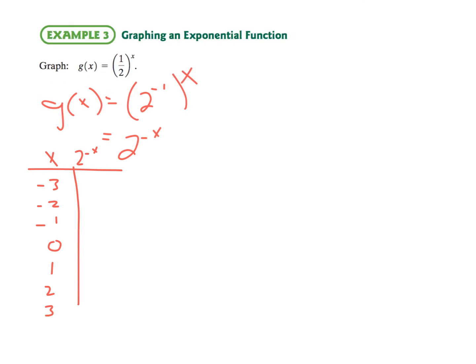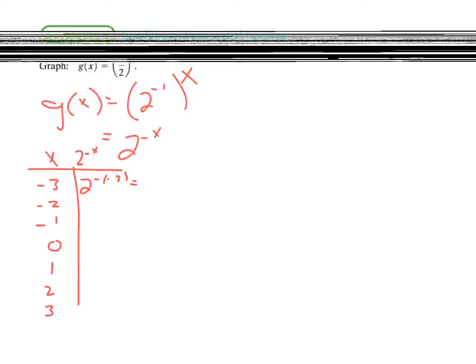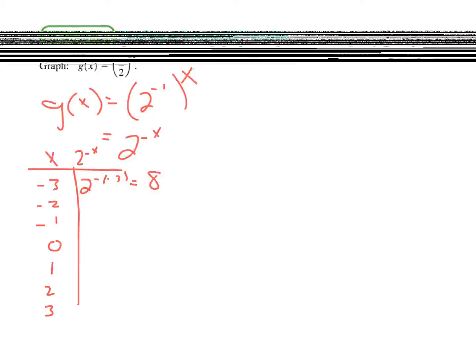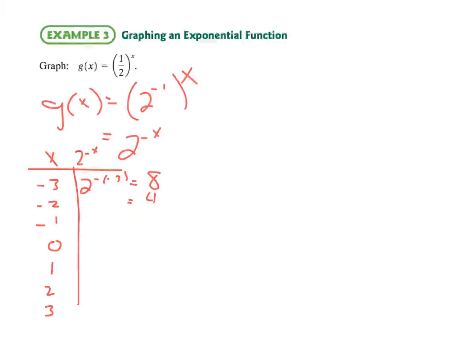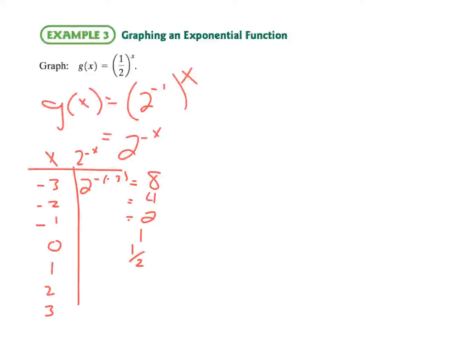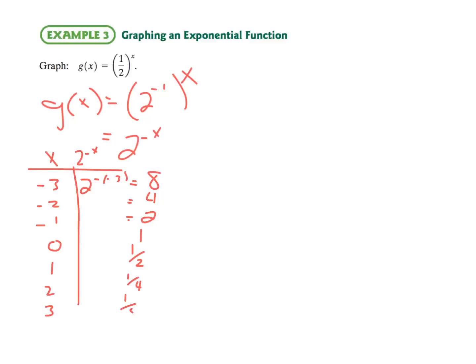Because it's going to be 2 to the negative third, that's equal to 8. This one is equal to 4. Negative 1 is equal to 2. 0, of course, is equal to 1. And then I have 1/2, then 1/4, and 1/8. So it's actually the exact opposite of that.